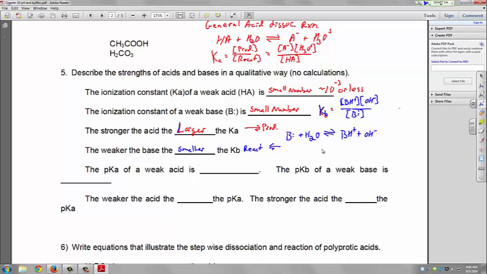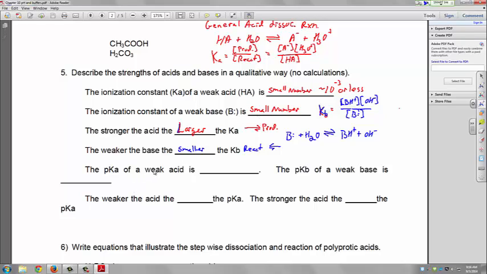The weaker the base, it means we don't produce as much of these products. So if we look at the equilibrium expression up here, we don't have as much in the numerator, much of these products. We've got a larger number down here. A small number divided by a larger number gives us a small number. Just like weak acids have small Kas, so do weak bases. They have a small Kb.